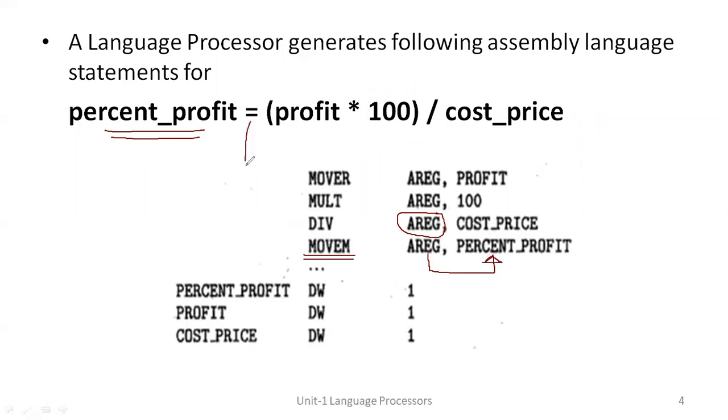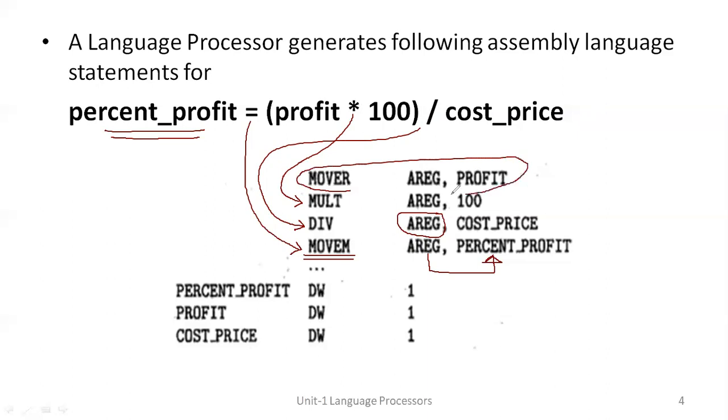So this assignment is done by this particular statement. This division is done by this particular statement. And this multiplication is done by this particular statement. Now, at least one of the operands must be in register. That's why this particular statement is required.